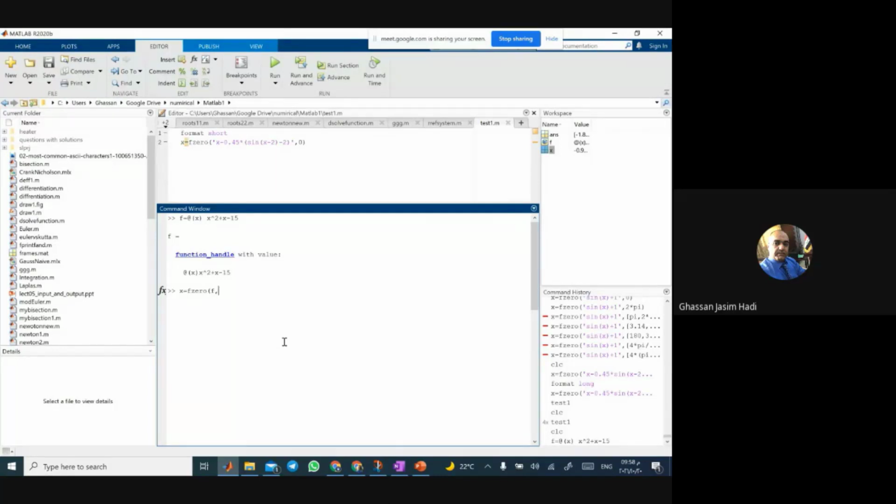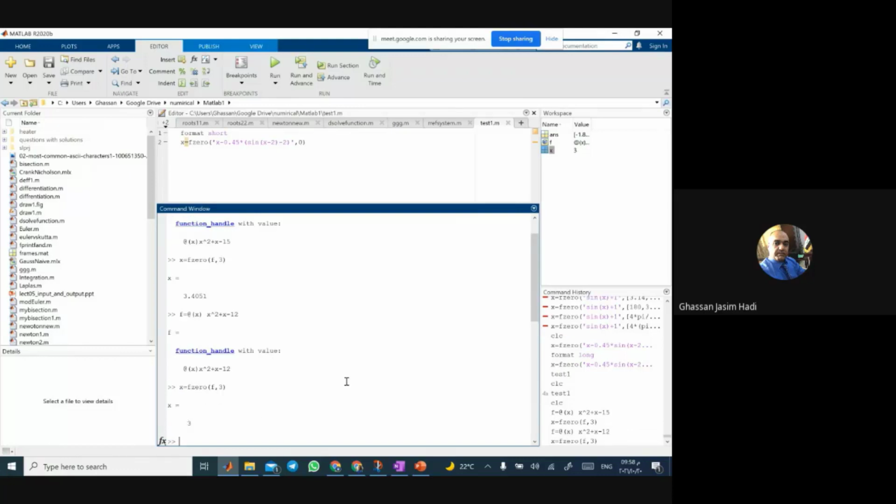And let's say 3 maybe, and he gives us the value of the root. Let's change f and say 12, and then it will give us x equal 3.